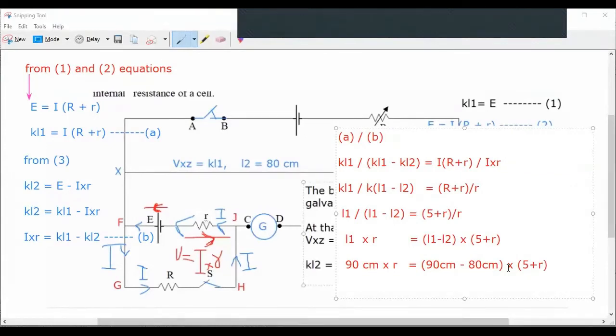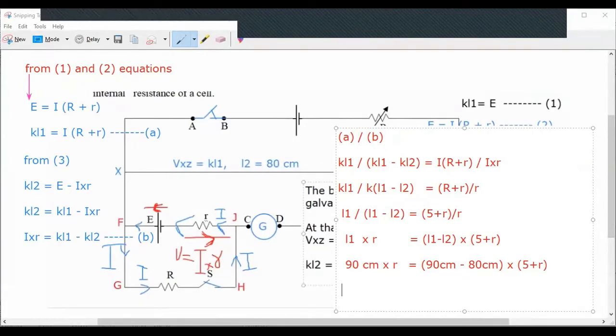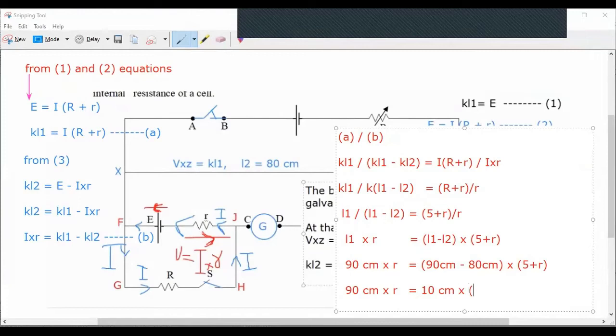So next step, you should identify this. Centimeter terms will be cancelled out if you look at it carefully, right? 90 centimeter into simple r equals 90 minus 80, 10 centimeter, into 5 plus simple r.